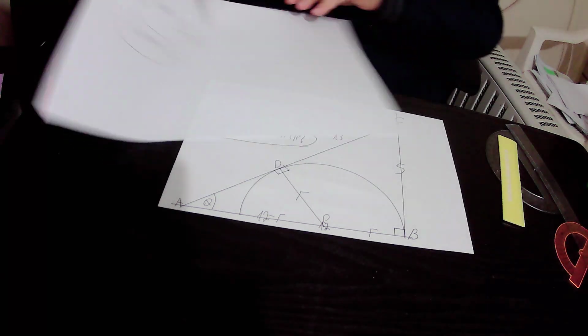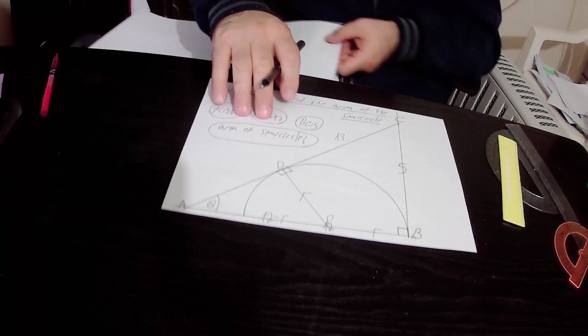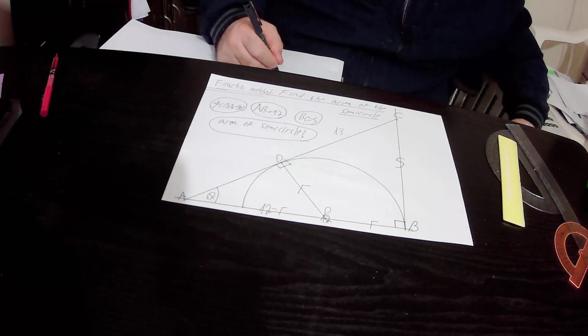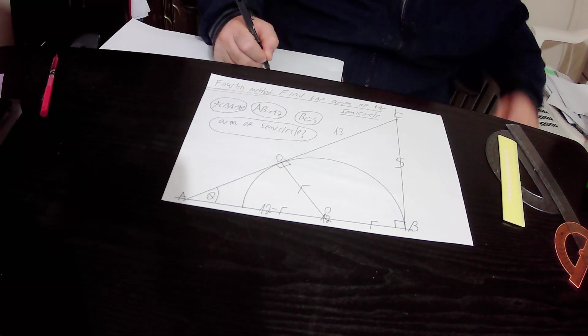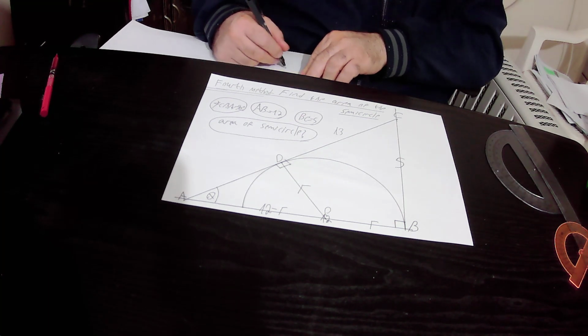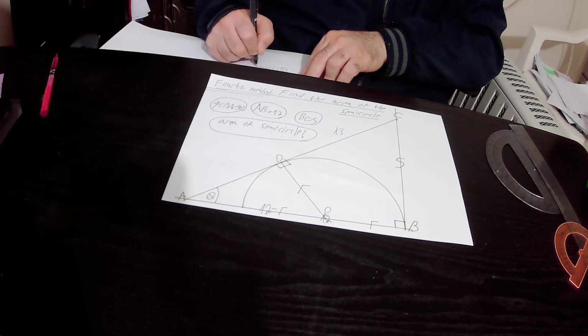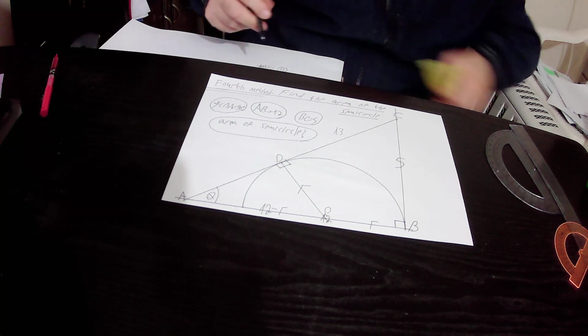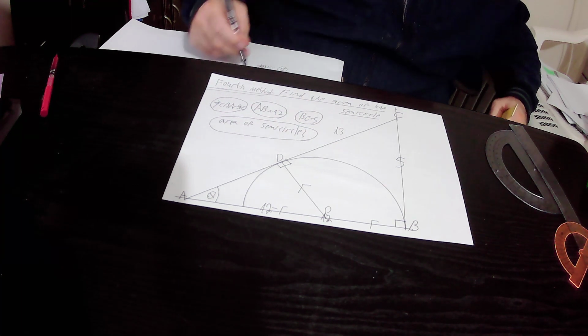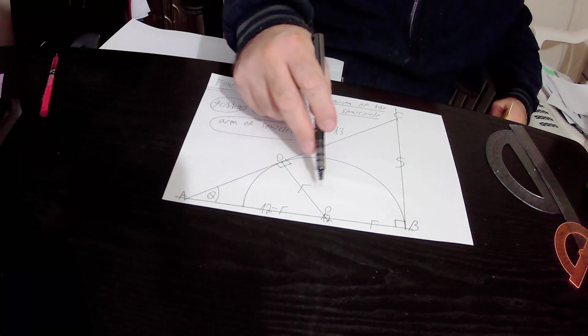We will focus on the small right triangle, triangle ADO. In the small right triangle ADO, sine theta equals OD over OA.